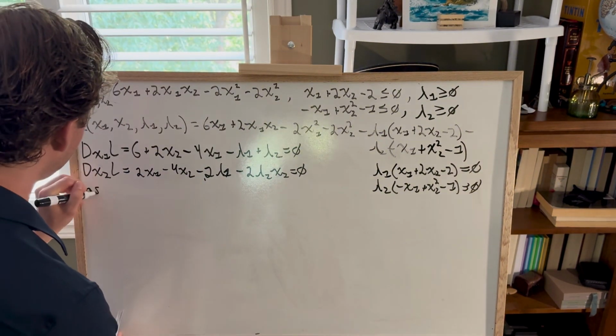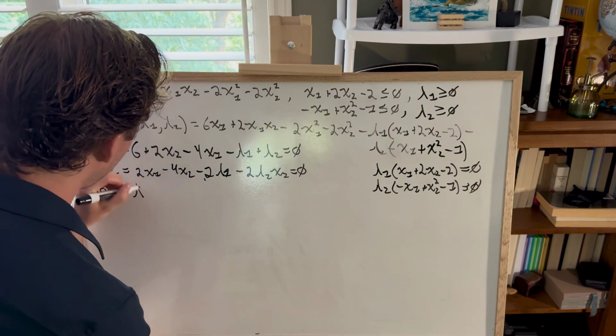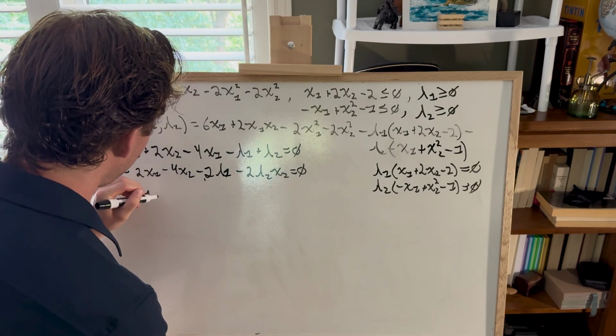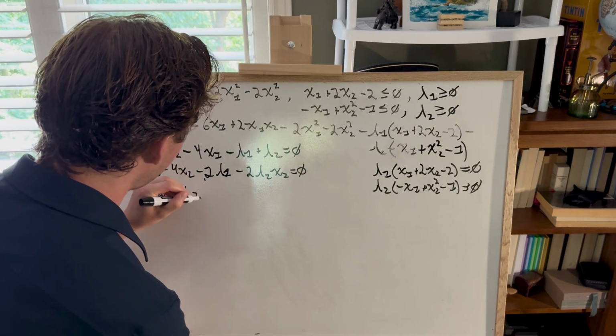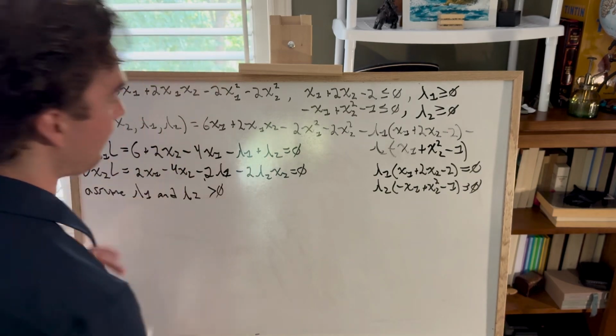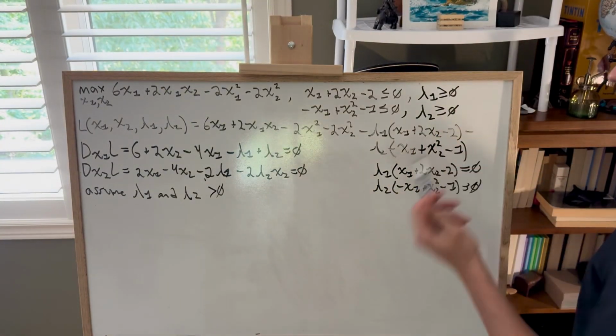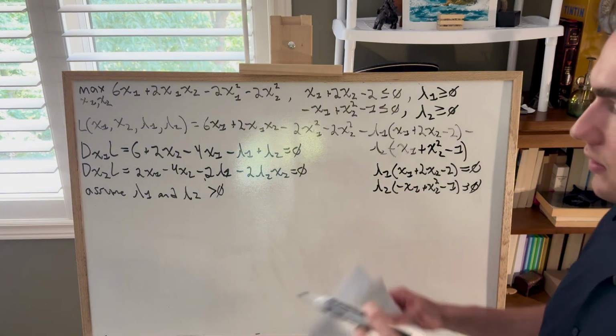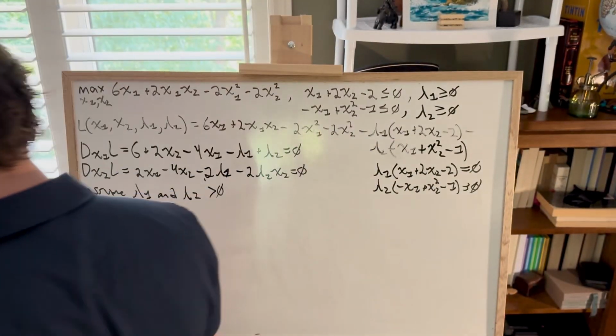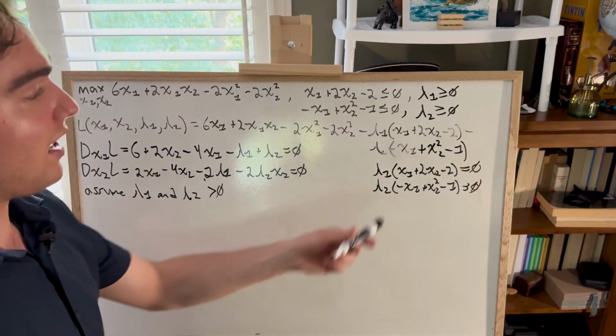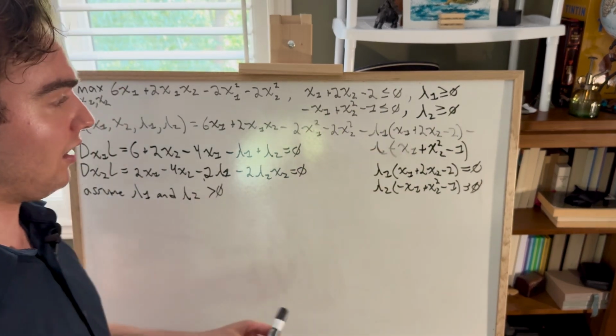The first thing I'm going to write is: assume our Lagrangian 1 and Lagrangian 2 are greater than 0. They can be greater than or equal to 0, but we're just assuming that they're both greater than 0. That means that what's in the brackets has to equal 0.